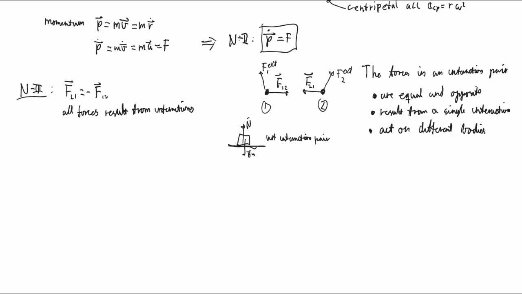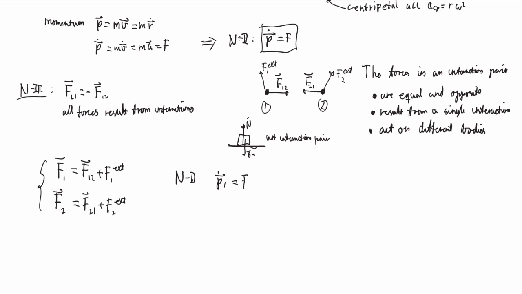So we know that the total force on particle 1 is equal to F12 plus F1 external, and the total force on particle 2 is F21 plus F2 external. Those are the forces. Newton's second law says that P1 dot equals F1 and P2 dot equals F2.